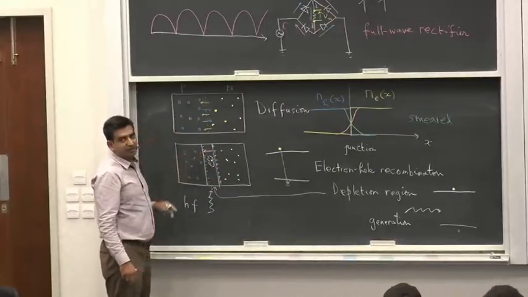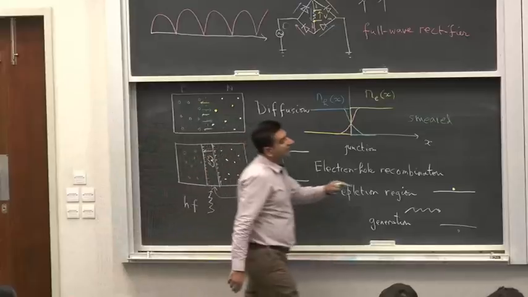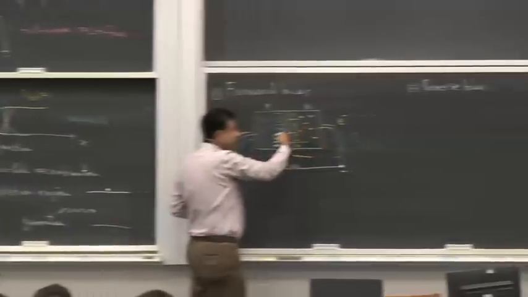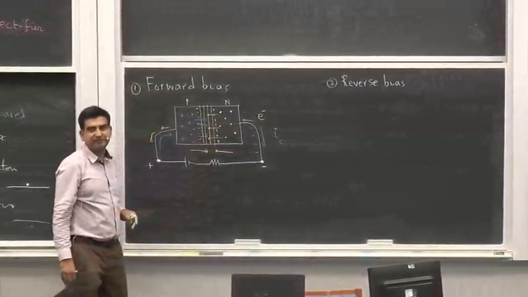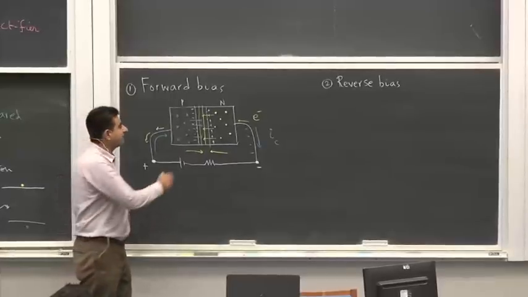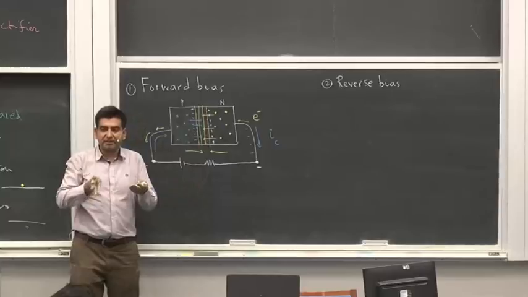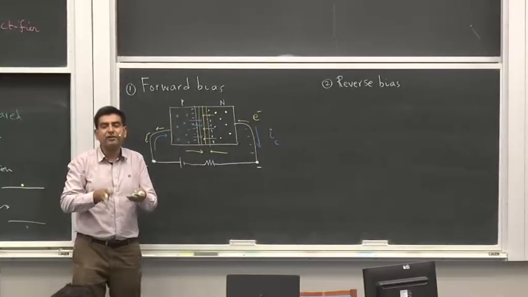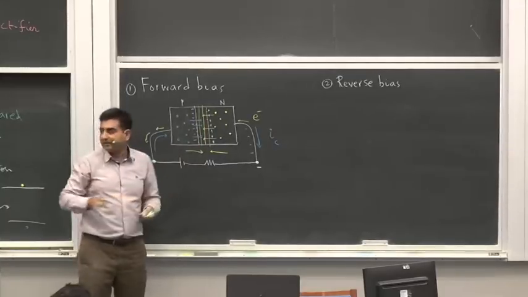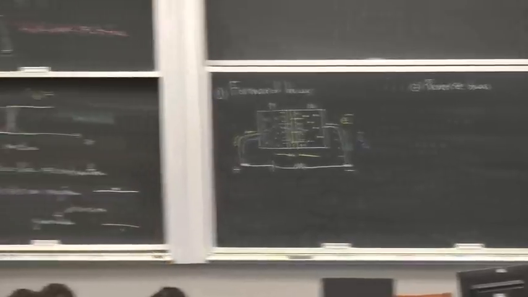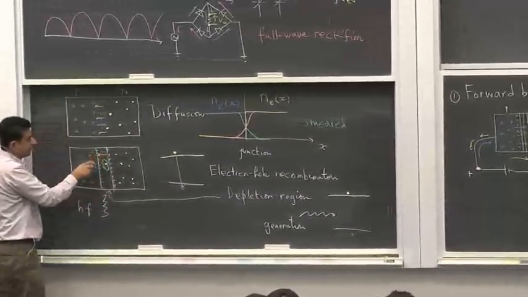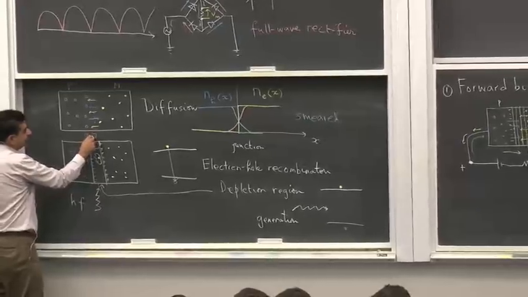Now there's a voltage here. Now if the electrons in here find it easier to move towards the interface, then it really means that this positive and negative charge is coming down. Or you can also think that this electric field has a certain voltage associated with it, like 0.7 volts.